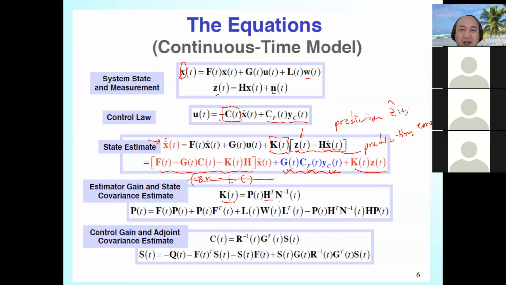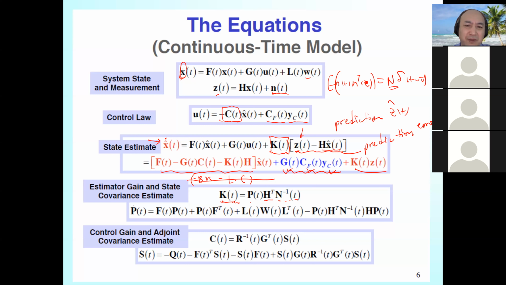N inverse is actually related to the autocorrelation N(t) N transpose(tau). You take the expectation of that, you will get N delta(t minus tau), okay? So this is the N, the strength of the noise, and you take the inverse of that. Then you decide what your K of t is. That makes sense, okay?